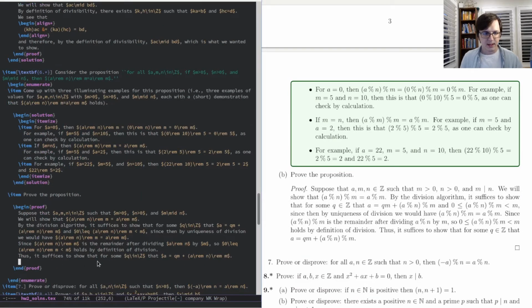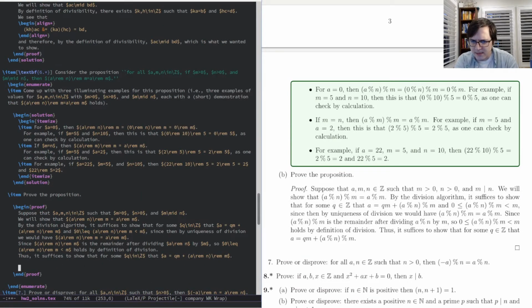Okay. Now how are we going to do this? We need to choose q basically, and I don't really know what q is off the top of my head. And then we might need to poke around a little. Well, presumably it's going to be the quotient of a divided by m, right? Well, here's something we can do.